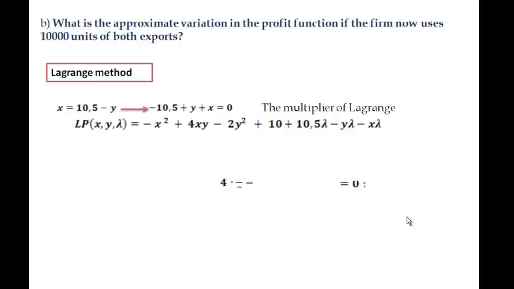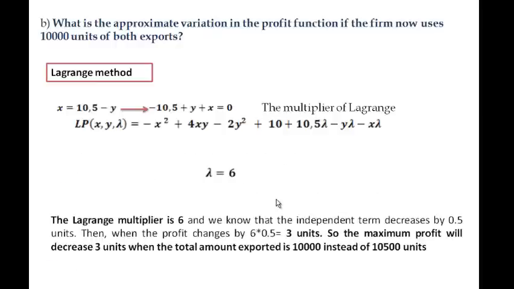So, the value of the Lagrange multiplier is 6, and we know that the independent term decreases by 0.5 units. Then the profit changes by 6 times 0.5, equal to 3 units, so the maximum profit will decrease by 3 units when the total amount exported is 10,000 instead of 10,500 units.